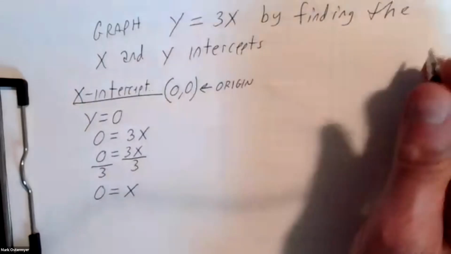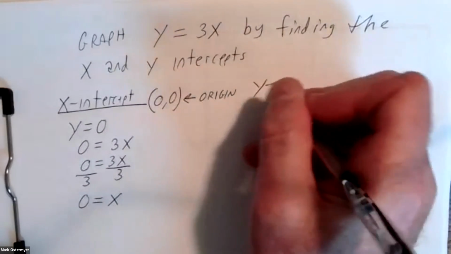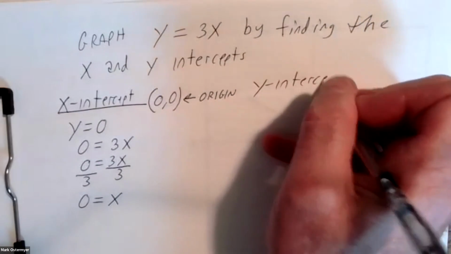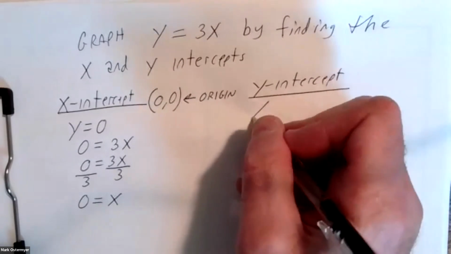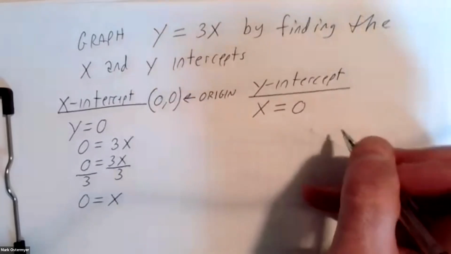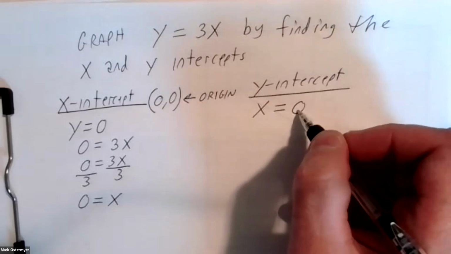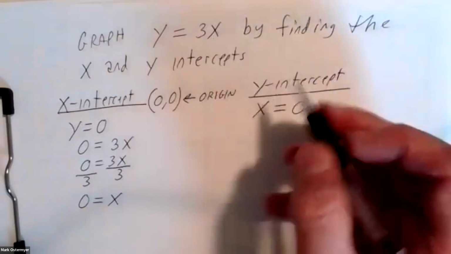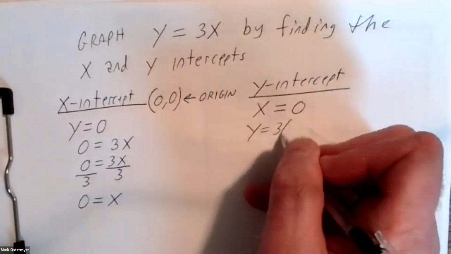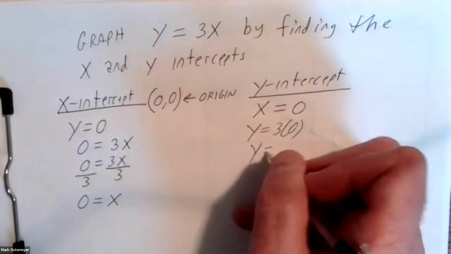To find the y-intercept for this linear equation, we're going to let x be equal to 0. Take 0, substitute it in for the x variable into this equation, and we get y is equal to 3 times 0, which means y is equal to 0.